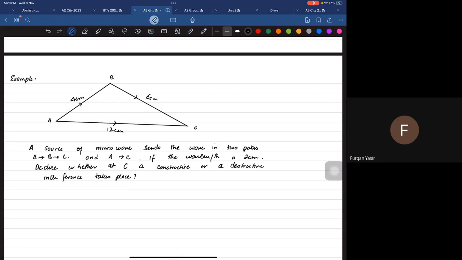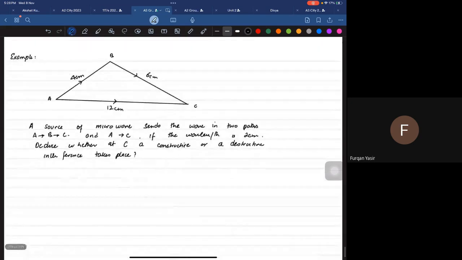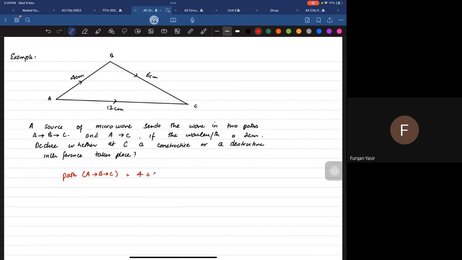I'm going to show you. So path 1, or we could say path A, B, and C, would be 4 plus 6, which is 10 centimeter. You guys agree? Yes. Let's call this path 1. Path 2 is going to be A directly to C, which is 12 centimeter.